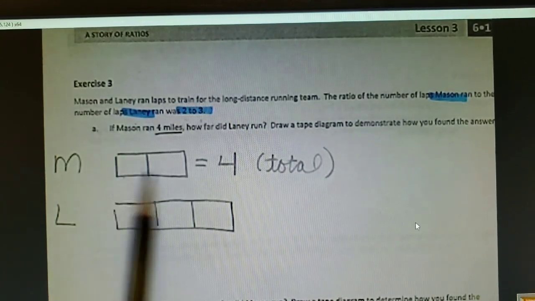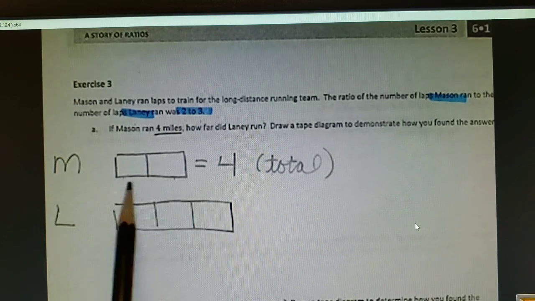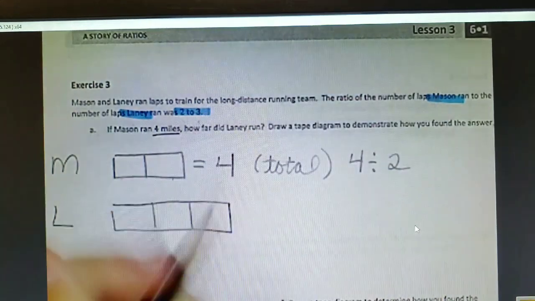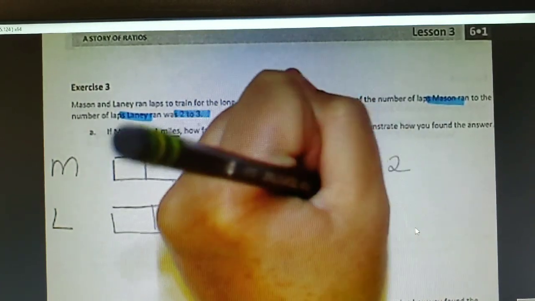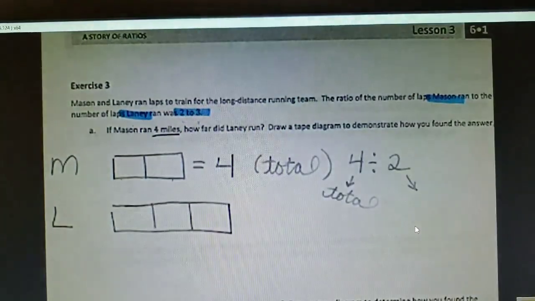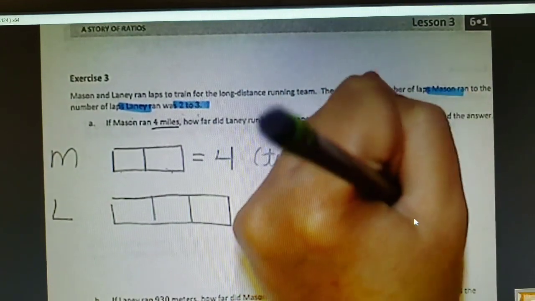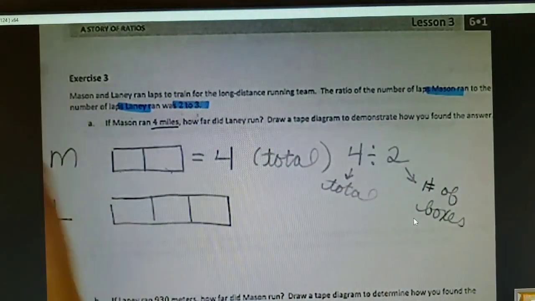So then our next step is, how much is each one of these boxes going to be worth? If our total is 4 and we have 2 boxes, we're going to take 4 divided by 2. So again, this 4 is our total. This 2 represents the number of boxes that Mason has. Okay, and then 4 divided by 2 is 2.